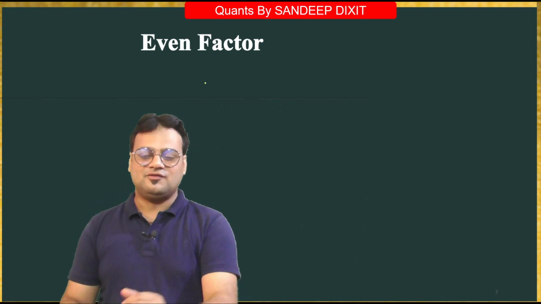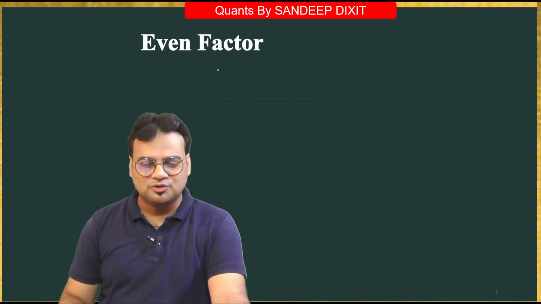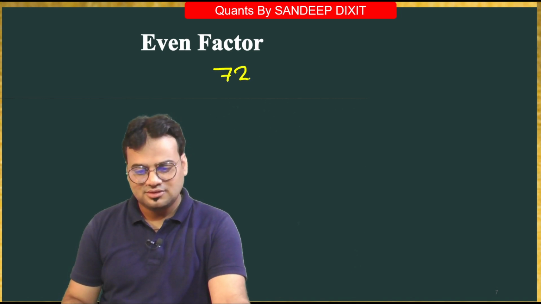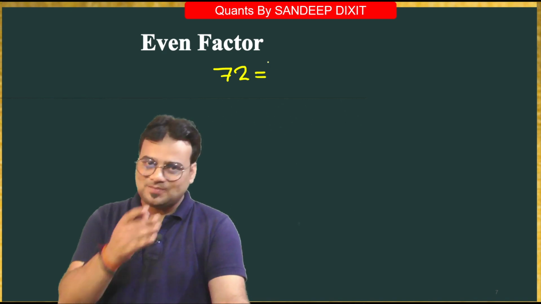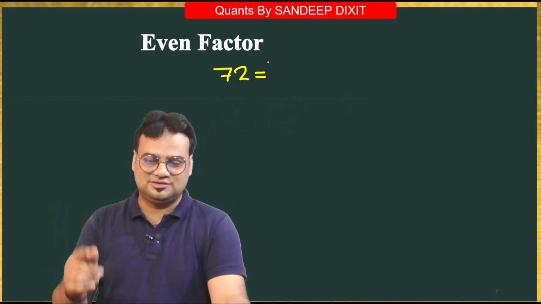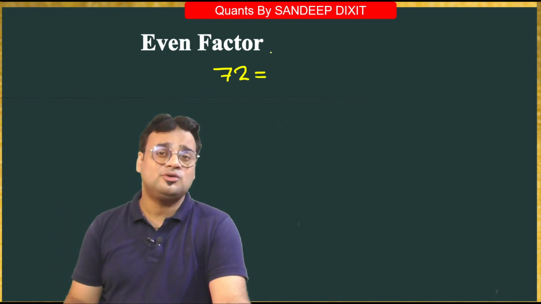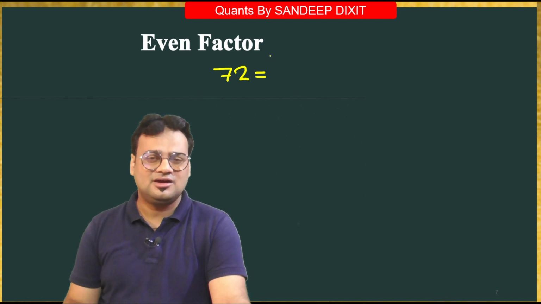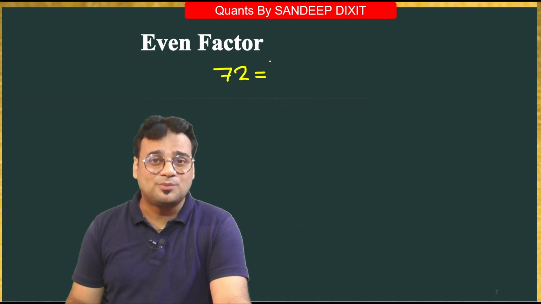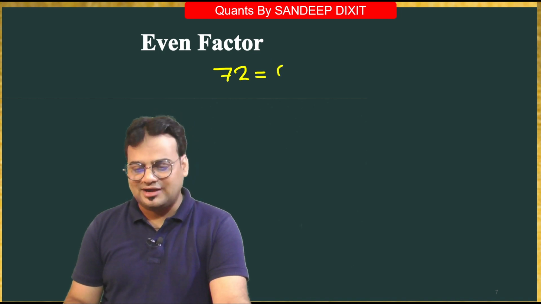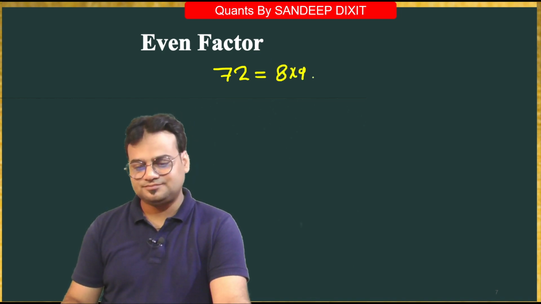Suppose we take one more example, 72. Firstly split it into co-prime factors. 24 threes are 72, but it's not co-prime, so 8 nines are 72. We write 8 into 9.